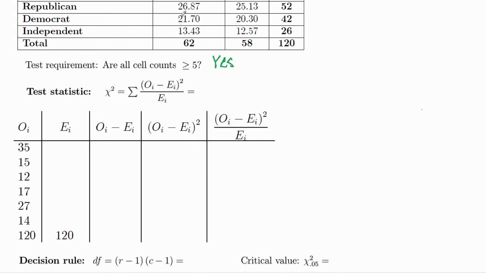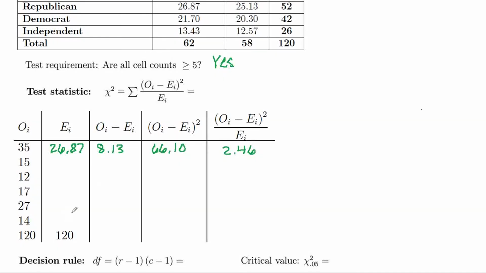That first expected count was 26.87, and so 35 minus 26.87 is 8.13. If you square that, you get 66.10 to 2 decimal places. And if you divide this by the expected, you get 2.46 to 2 decimal places.